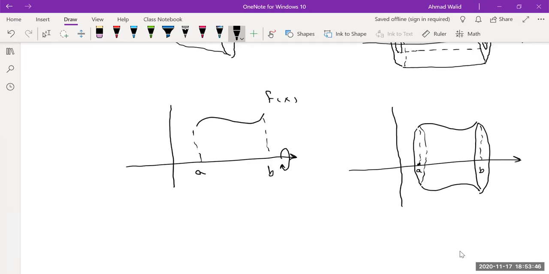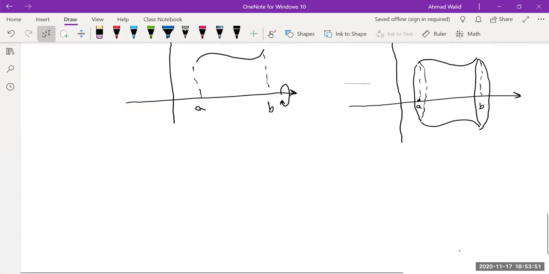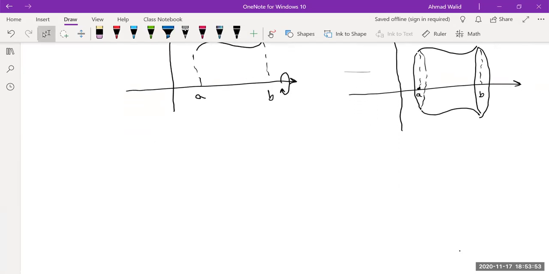I rotated my shape, my function. We are discussing these kinds of shapes in this section. We calculate the area or the values of these kinds of solid shapes. Correct? The first thing that you see here, my function is continuous.